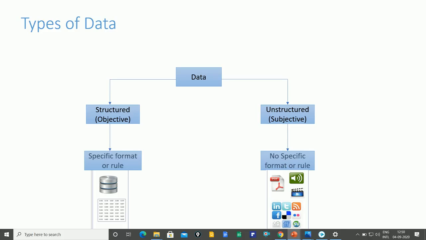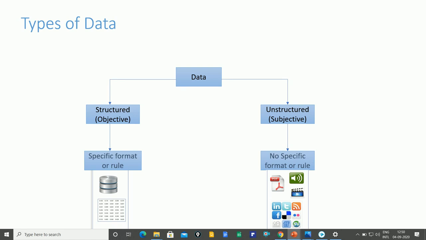And the final way how data can also be divided is on the basis of structured data and unstructured data. Now what is structured data? Structured data has got a specific format or rule. So it has got a specific set of rules.